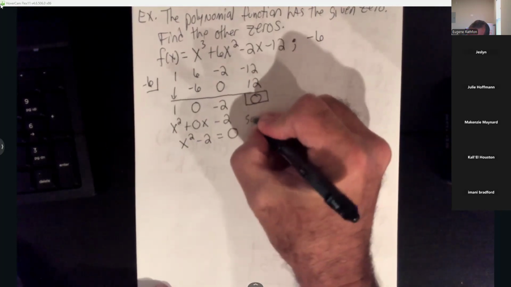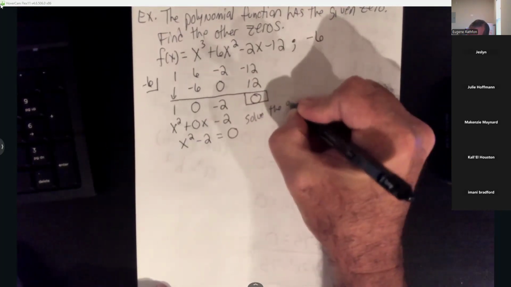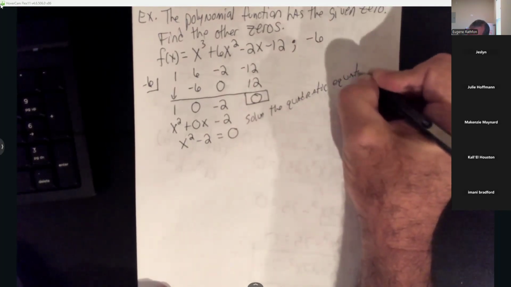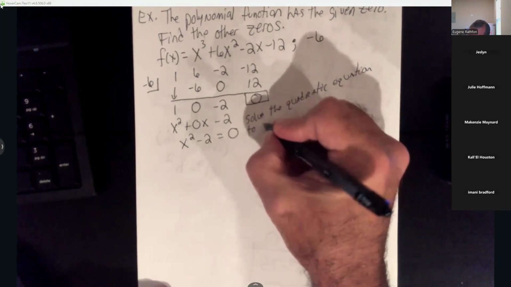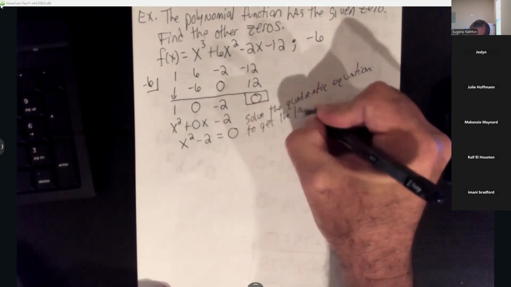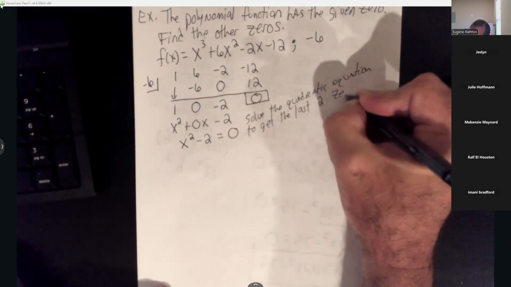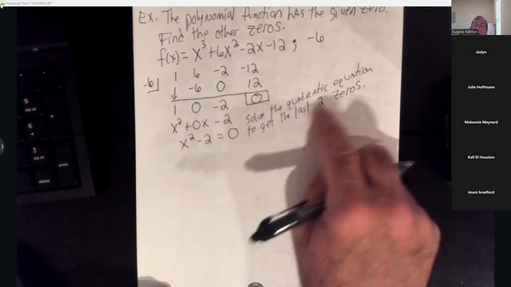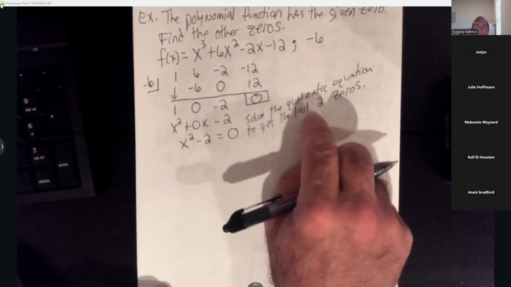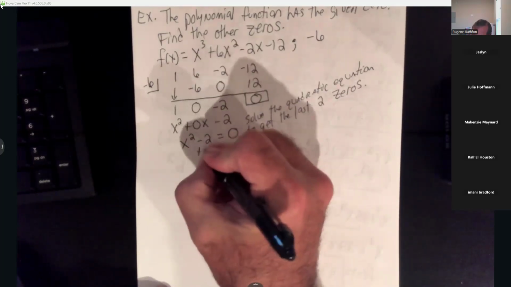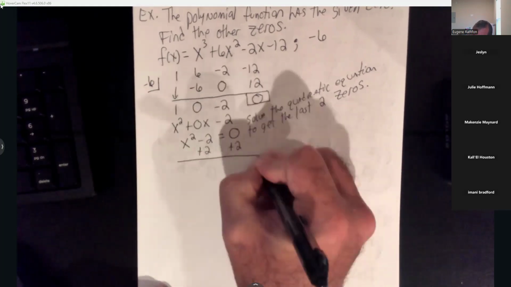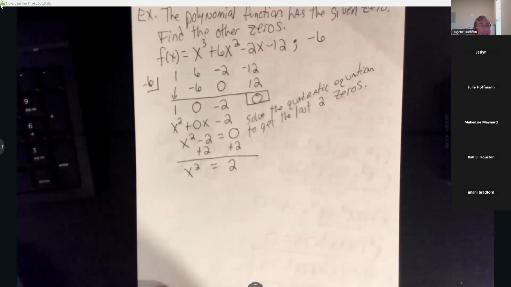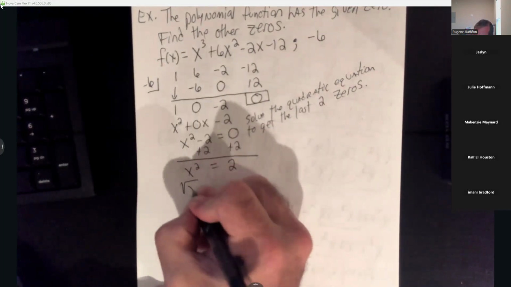So we're going to solve the quadratic equation to get the last two zeros. I use some kind of quadratic method once I'm down to three numbers to always get my last two zeros, okay? So here I'm going to add 2. My x squared cancels, and that equals 2. Now we do square roots to both sides.